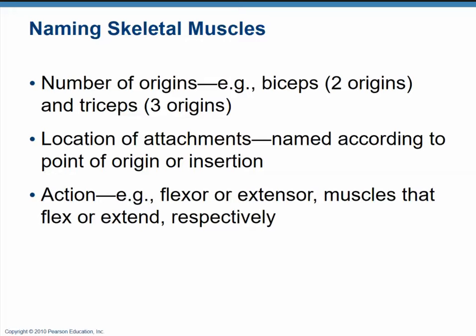Action is a big one. So extensor digiti minimi extends your little finger. It's the one you use when you drink tea. Flexor hallucis longus is the long one that flexes your big toe.